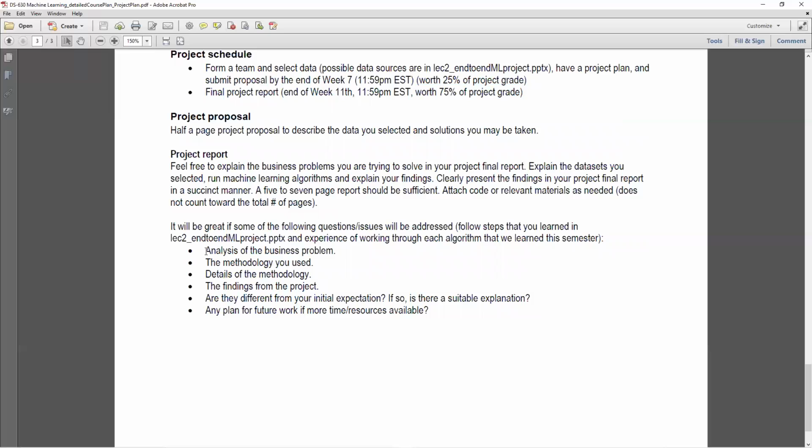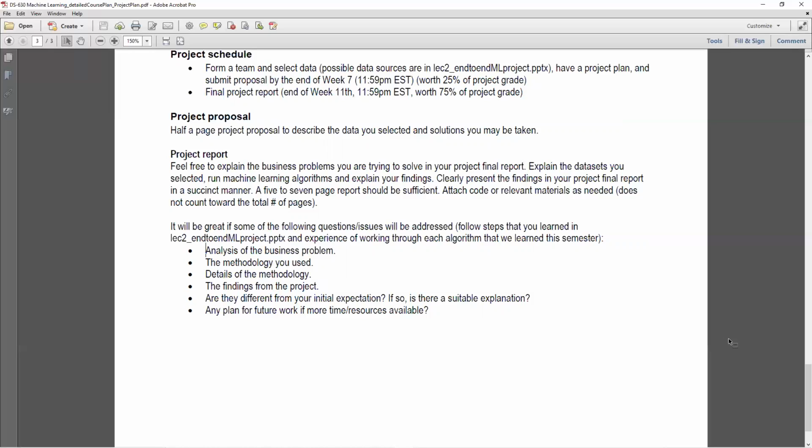include in your report. That includes the analysis of the business problem, more like a problem statement, the methodology you used, details of the methodology, and the findings from the project. Are they different from your initial expectation? If so, is there a suitable explanation?